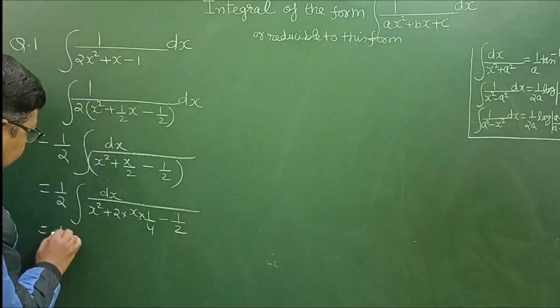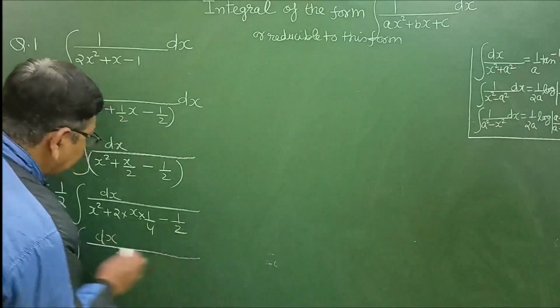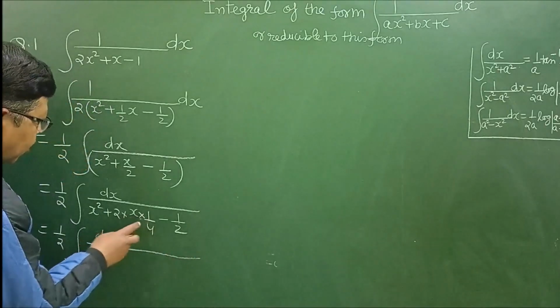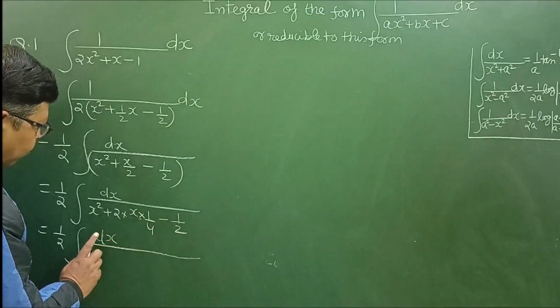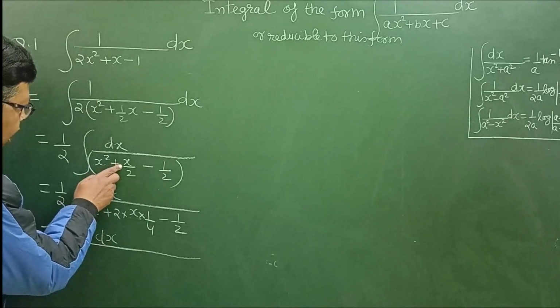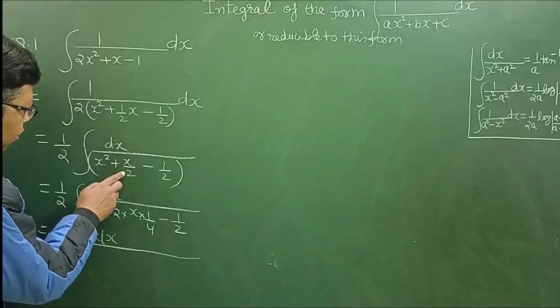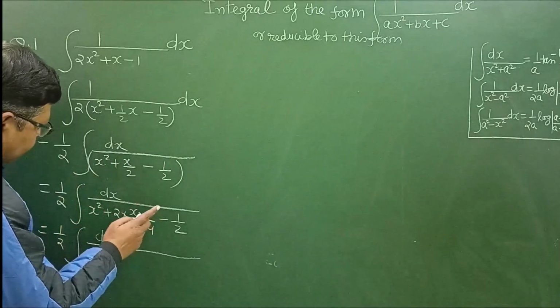Now if we add the square of 1 upon 4 and subtract the square of 1 upon 4, means adding and subtracting the square of half of the coefficient of x.